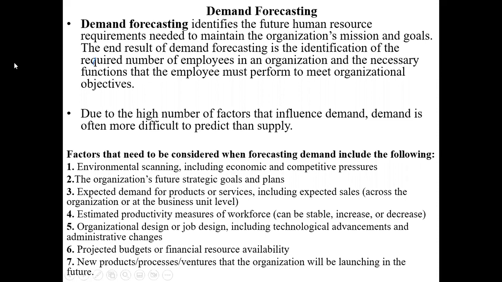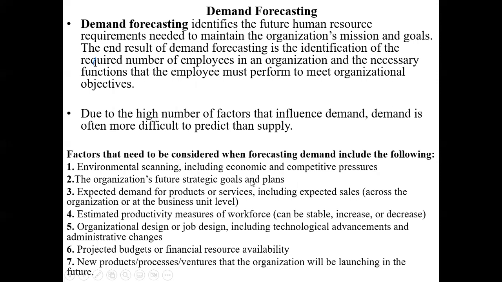Some of the factors include the outcome of the environmental scanning that you'll be doing. The environmental scanning will tell you your threats and the opportunities outside which you may want to capitalize on. And it may also tell you your strengths and your weaknesses. So it is something that you need to consider.